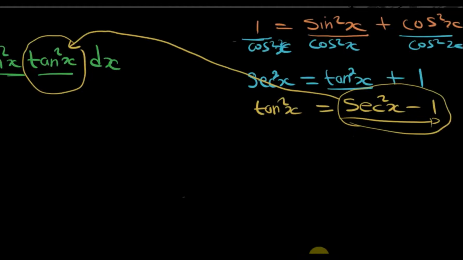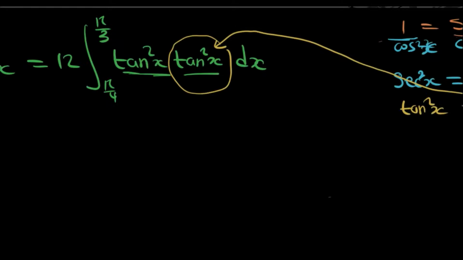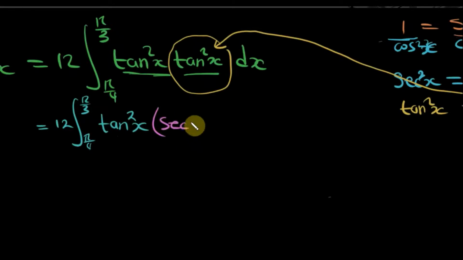Okay, so this whole thing becomes: we still have our 12, we still have our limits, we haven't done anything to our limits, we'll still have this, and the following will change: sec squared x minus 1, and we'll still have our dx. So right here we just expand the brackets, we just multiply through by tan squared x.